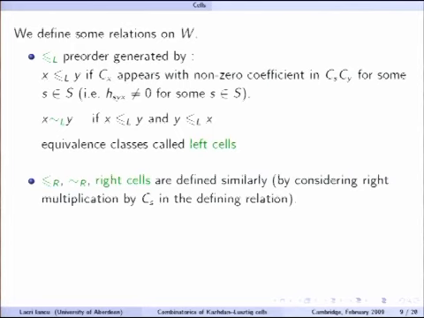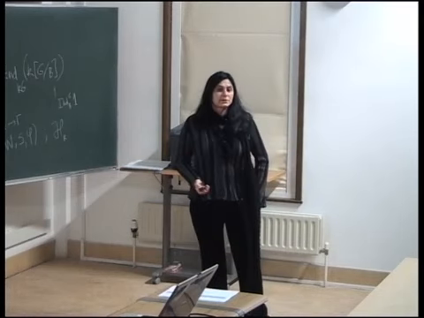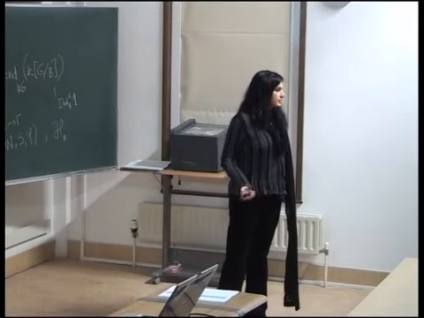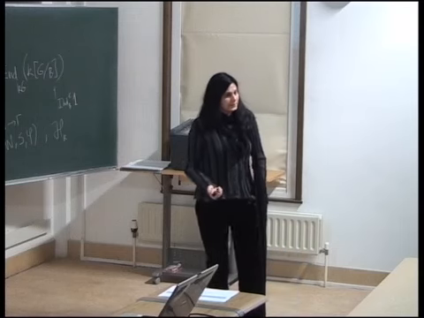So x is right inferior to y if C_x appears with non-zero coefficient in C_y C_s for some s. Also, there is something which can be proved, which is as follows, that x is right inferior to y if and only if x inverse is left inferior to y inverse, which means that we can stick to left cells from now on and to left preorder, because once you know one, you know the other.